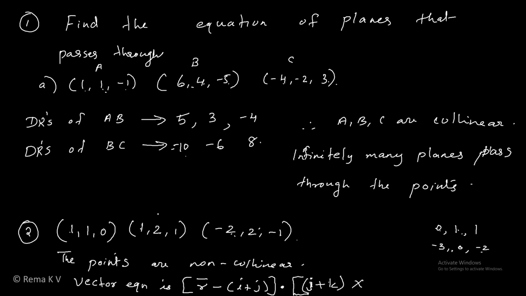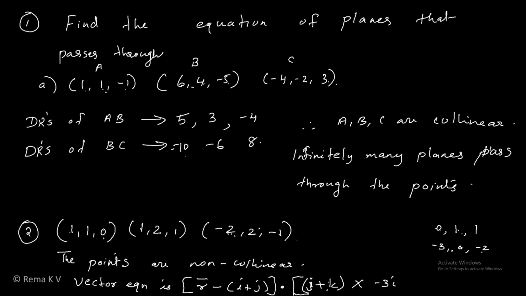The second one, we have to subtract these two. That you have to take care. We are subtracting the first point, A, from the remaining vectors. So it is minus 2 minus 1, which is minus 3, 3i.